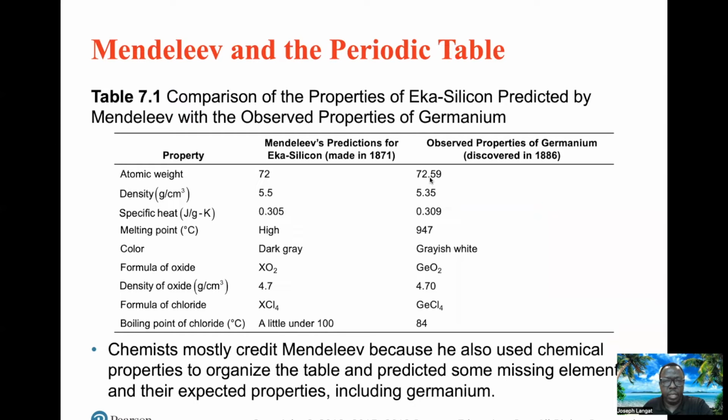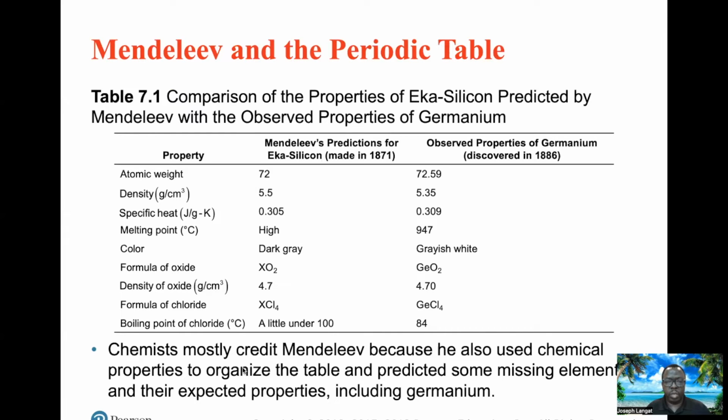Its density, predicted 5.5, was actually 5.3. If you look at these physical properties, they are close, though not exact. That's the main reason why Mendeleev is given credit for organizing the periodic table.